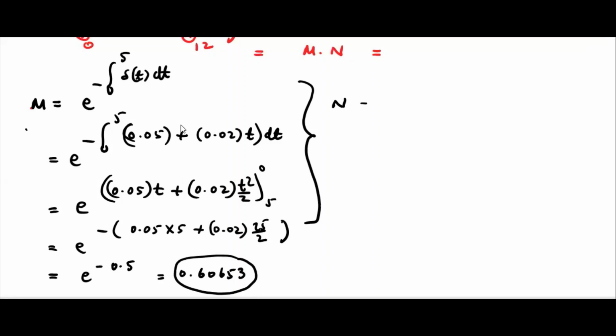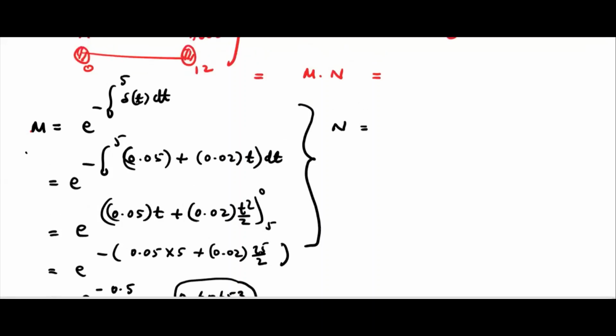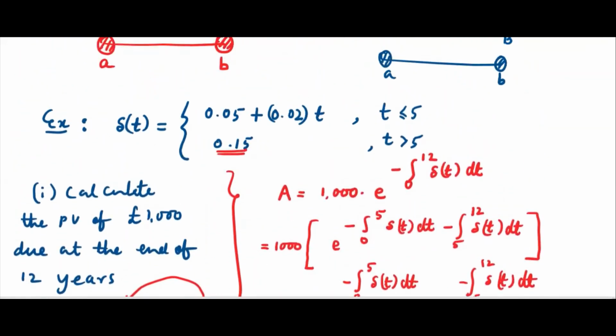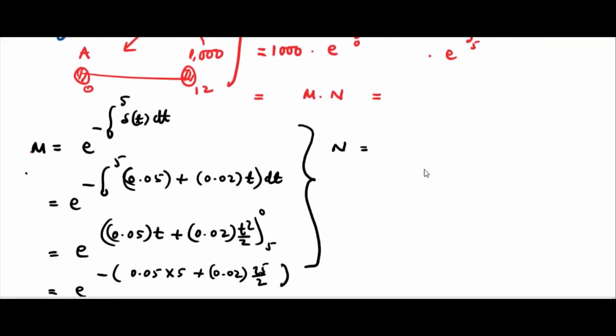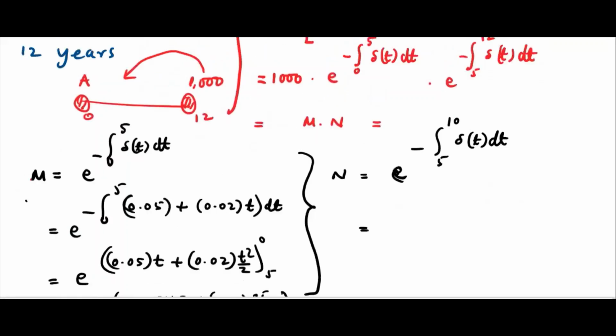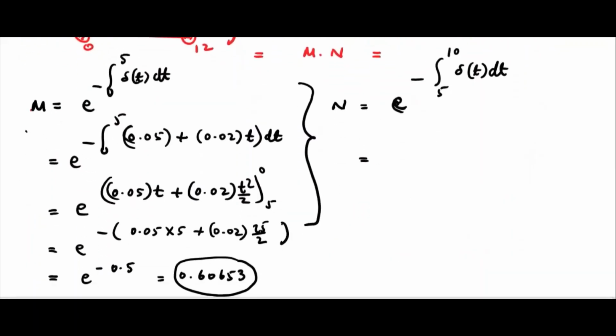Now let's find n here. 0 to 5. Now after 5, 5 to 12, this we can write dt. Even delta t is constant, 0.15.